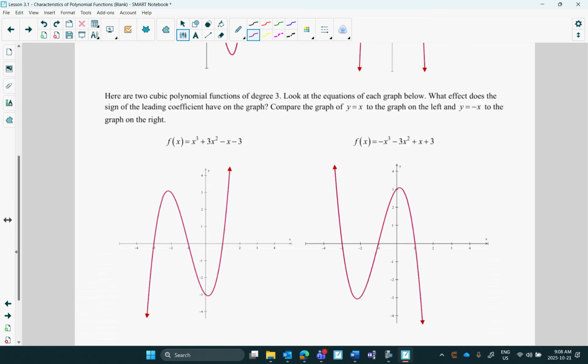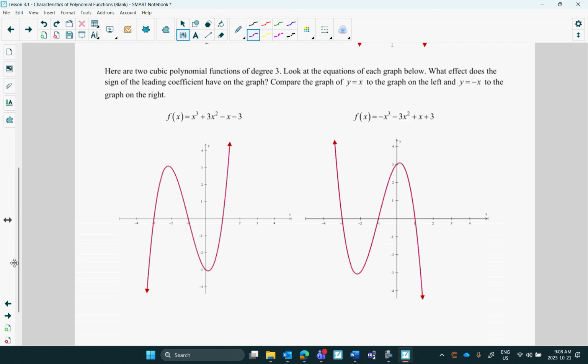So here's an example of a cubic function. Notice that if it's positive, it goes down to the left, up to the right. But as soon as I put a negative in front of that x cubed, it flips. It goes up to the left and down to the right. One way you can always remember this: think of the right side.